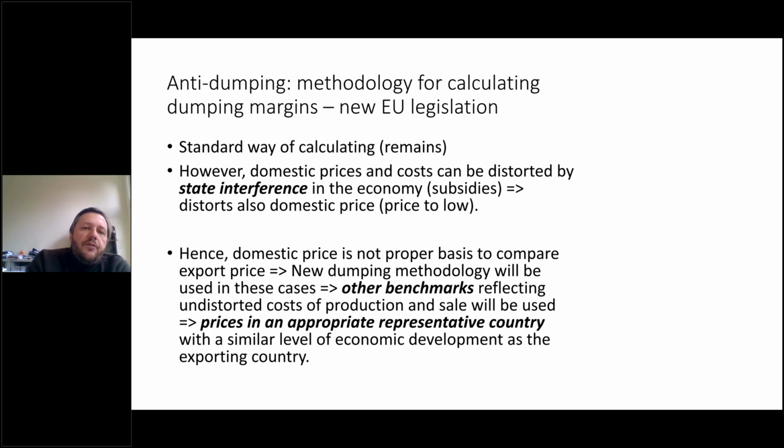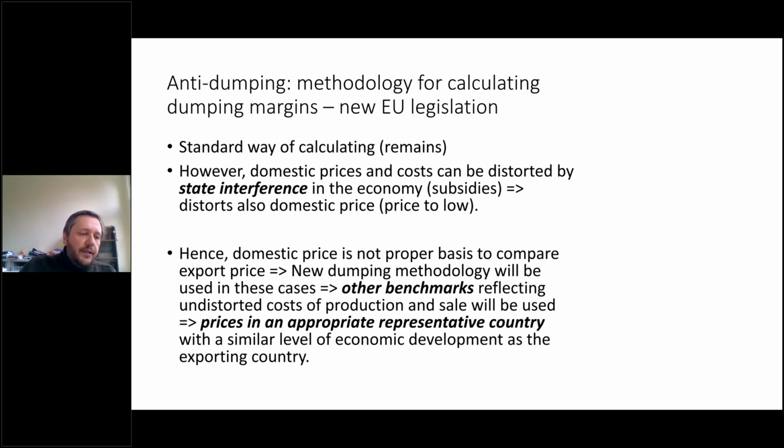And new legislation basically starts from the old approach, so looking at the normal price on the domestic market, or adding up the costs of the parts. But when there is found to be really strong state interference, then the domestic price of the good might also be manipulated and might actually be too low, like in the case of the free provision of bicycle parts.